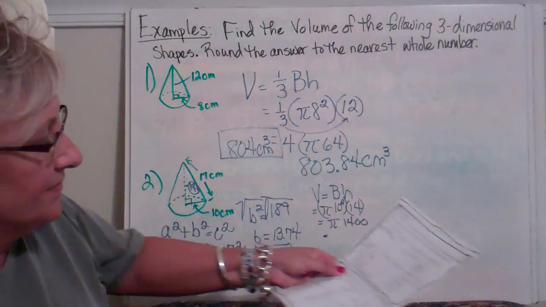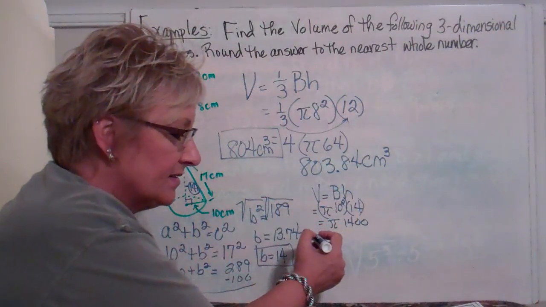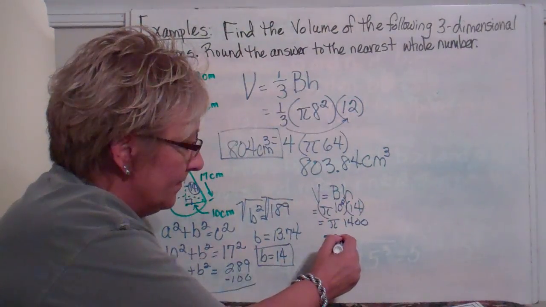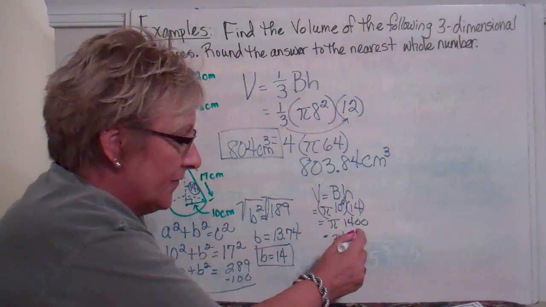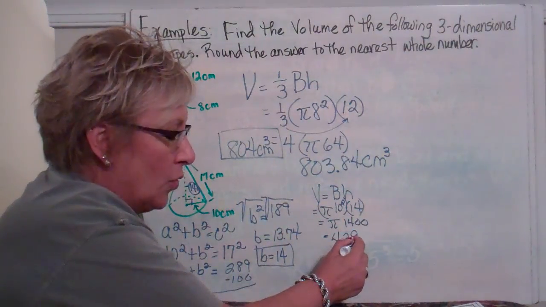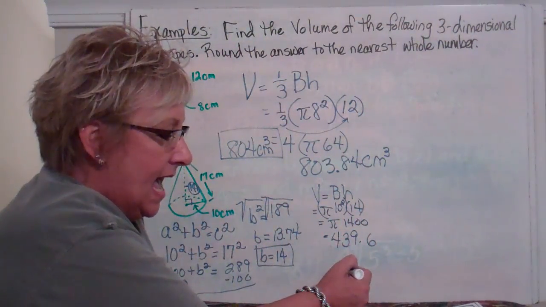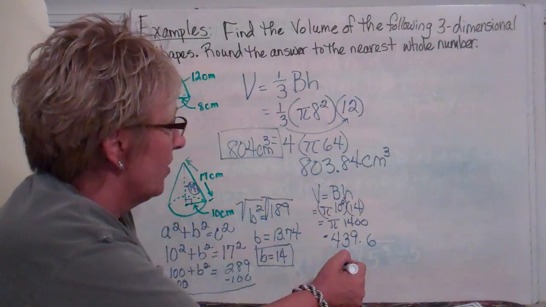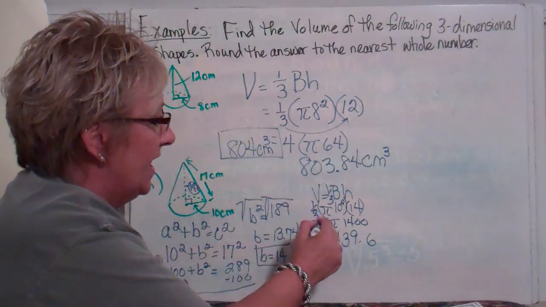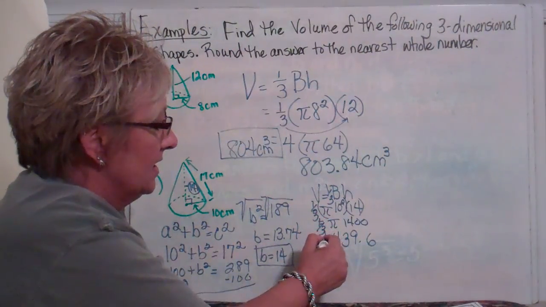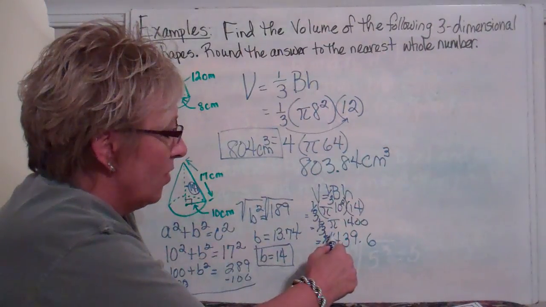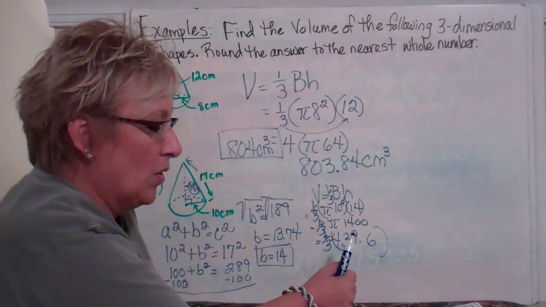and I'm apologizing for looking at my notes, but I have to. This is going to be 4,396. Okay, and I'm going to say 1/3, let's see, I forgot the 1/3 here, times 1/3 of that. So what is 1/3 of 4,396?